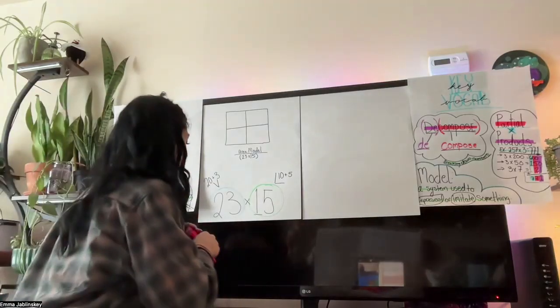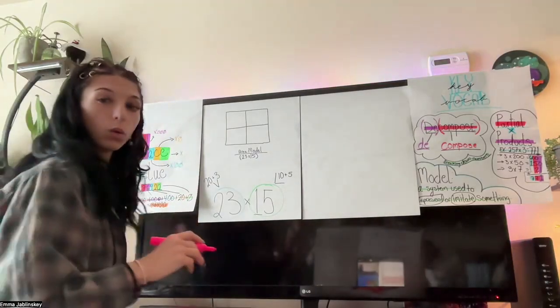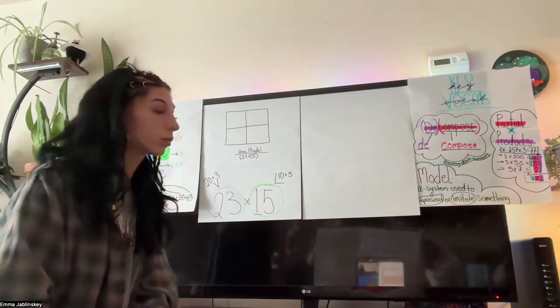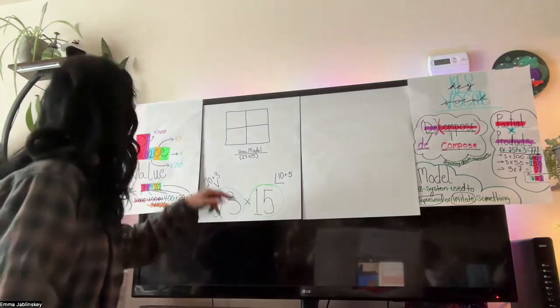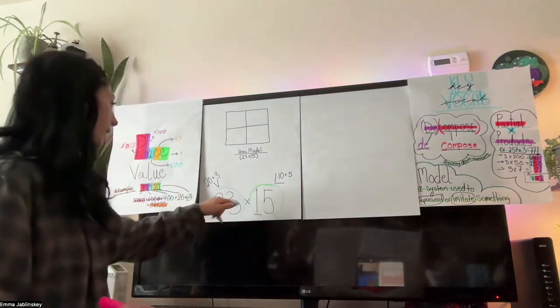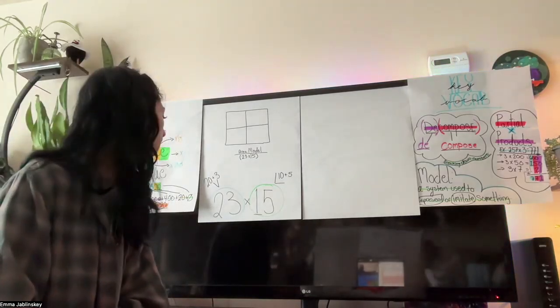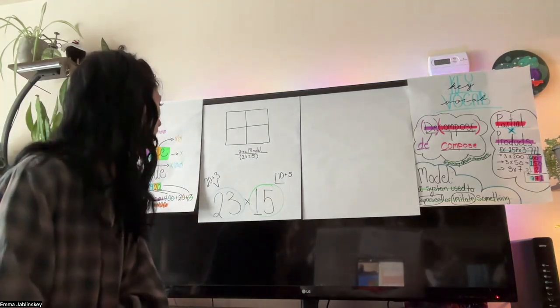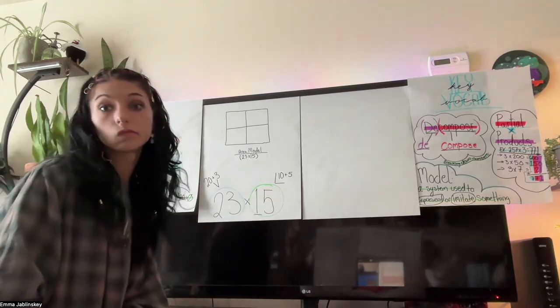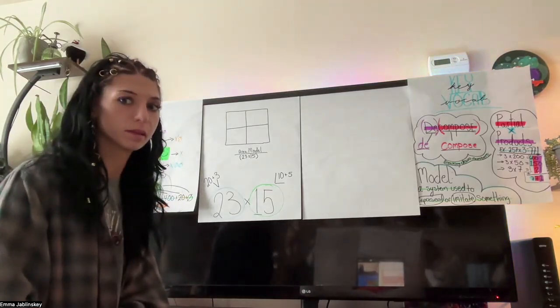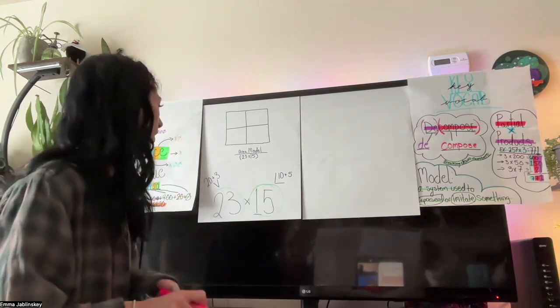We can decompose that in any way that makes sense as addition. So realistically, we could write 18 plus 5, because 18 plus 5 is 23, or 15 plus 8, which is also 23. But the easiest way for us to break this down is by its place value.